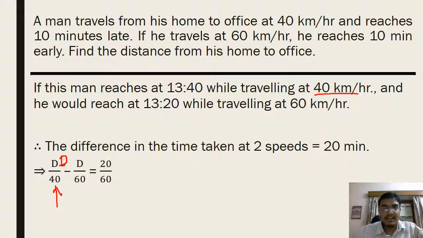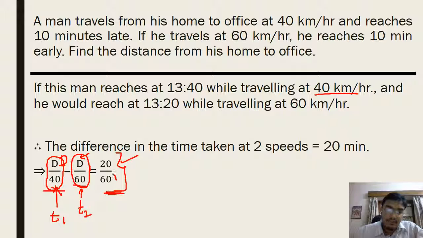Now when he travels the same distance d at 60 kilometers an hour, he would take d upon 60 amount of time. And which time would be more? Obviously d by 40 is more, right? The difference is 20 minutes, so we have equated it to 20 upon 60. So this is our T1, this is our T2, and this is the difference between the two times.